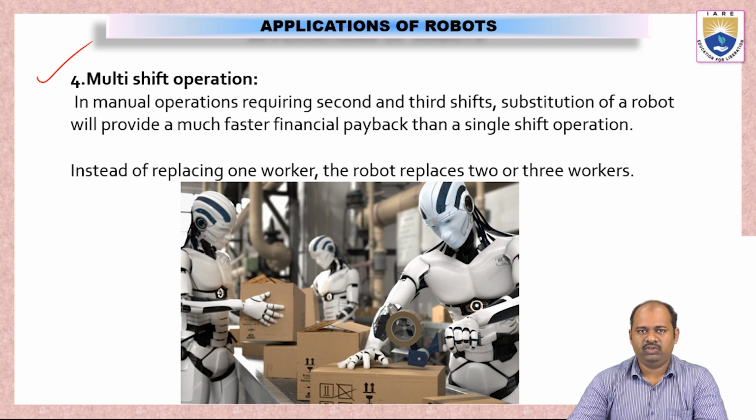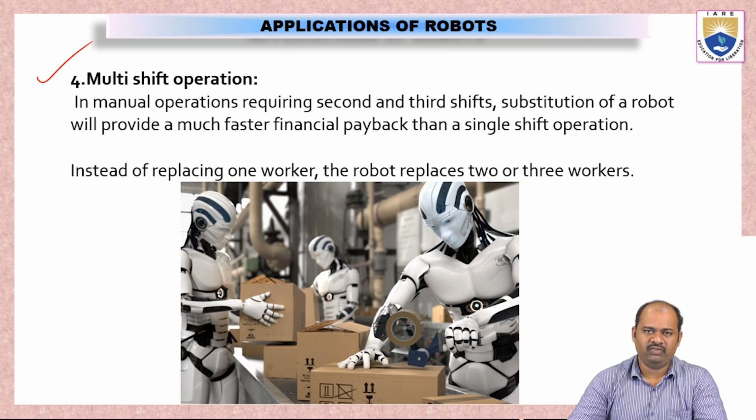If I want to use a skilled person, he can do the particular operation only for 8 hours a day, and the remaining 16 hours are wasted, or I have to take another 2 persons to do this work in the remaining 2 shifts. Instead of using 3 persons, I can simply install a robot for doing the particular operation.